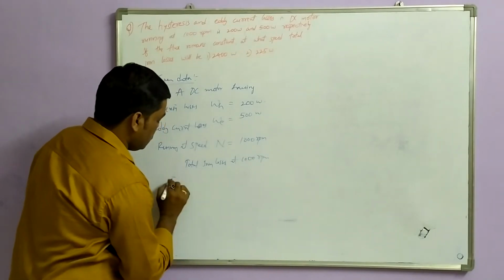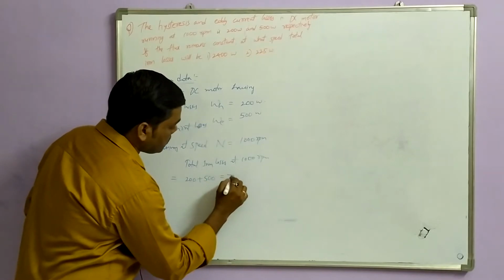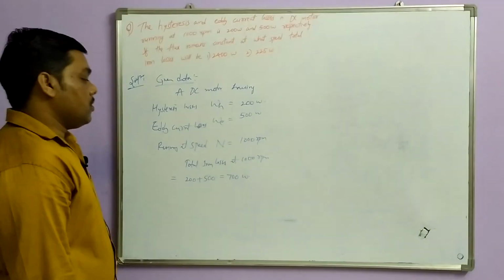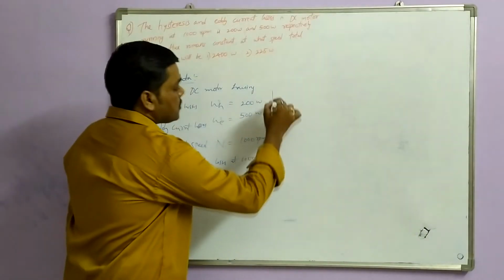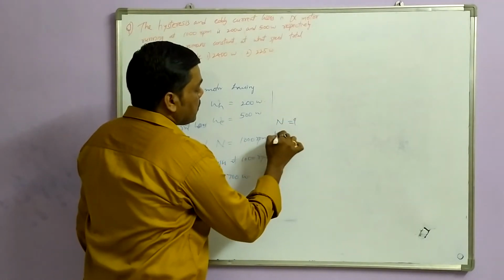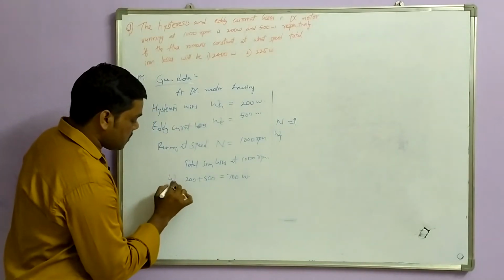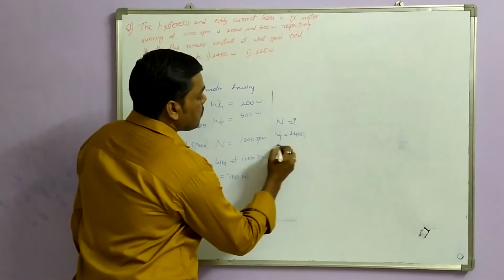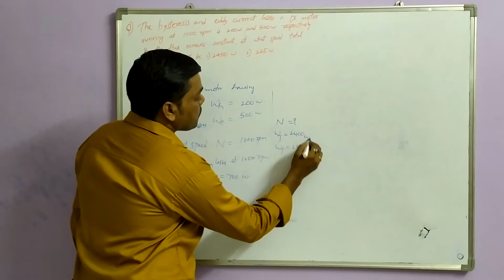Now 200 plus 500, you get 700 watts at 1000 rpm. If 700 watts at 1000 rpm, at what speed? That means at what speed WT, nothing but total losses, is equal to 2400 and 225 watts.